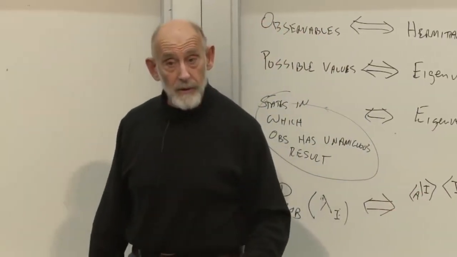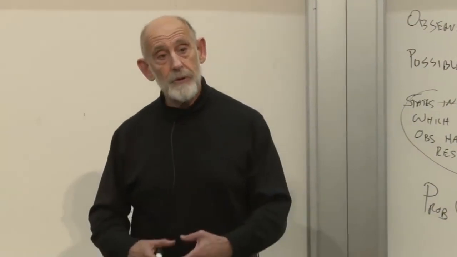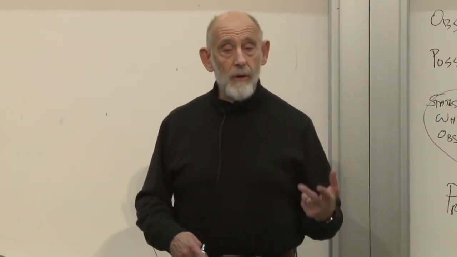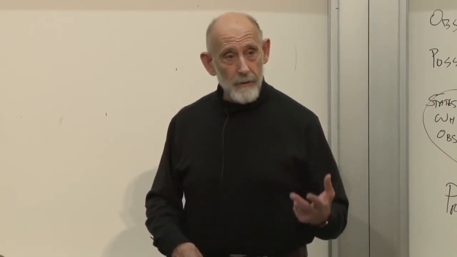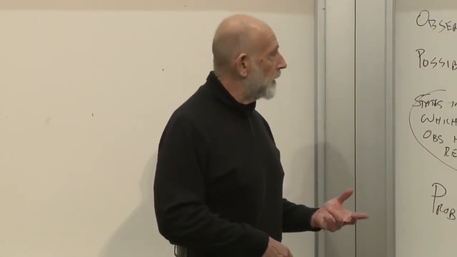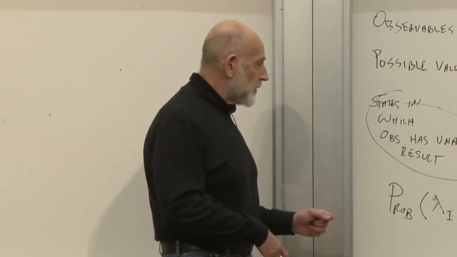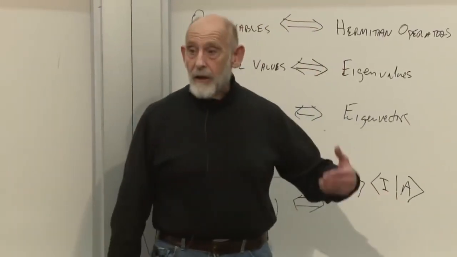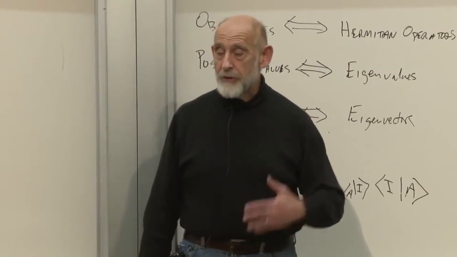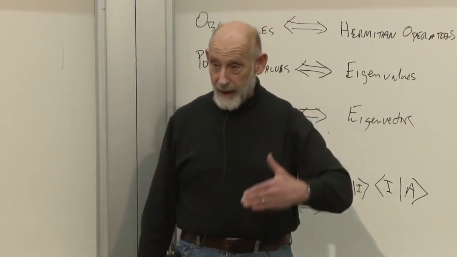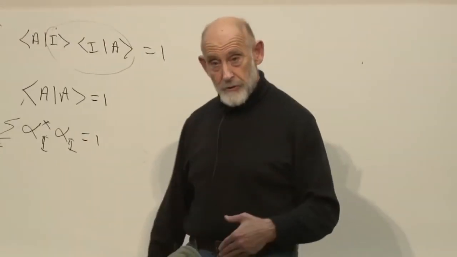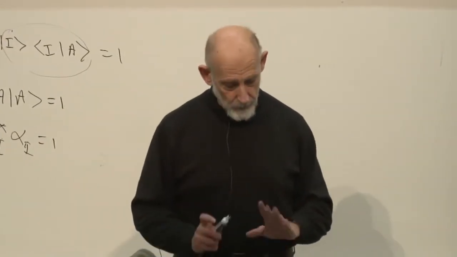So physical quantities don't respond to a change of the phase. That means there are 2 fewer degrees of freedom, 2 fewer parameters in the specification of a state than the collection of complex numbers that would define a vector in the abstract space. One is the overall phase, and the other is the magnitude of it. We'll come back to that.